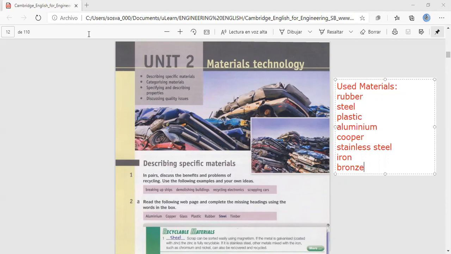So another question I have is about recycling. What do you think about how recycling affects engineering design? Sometimes different materials can affect recycling.